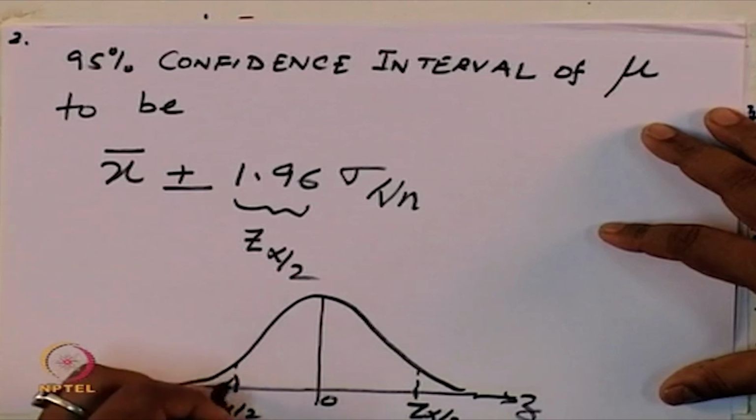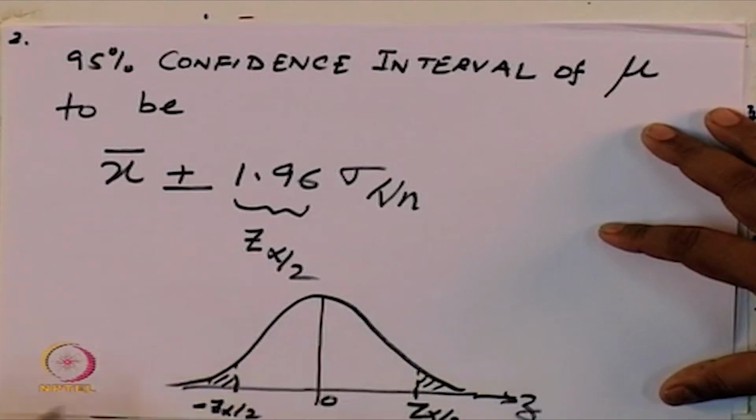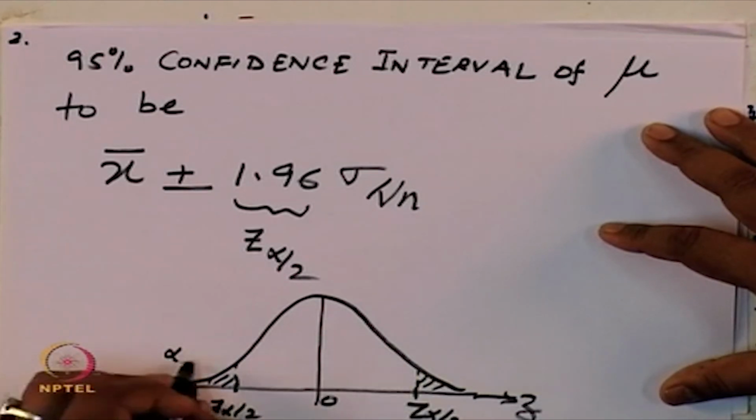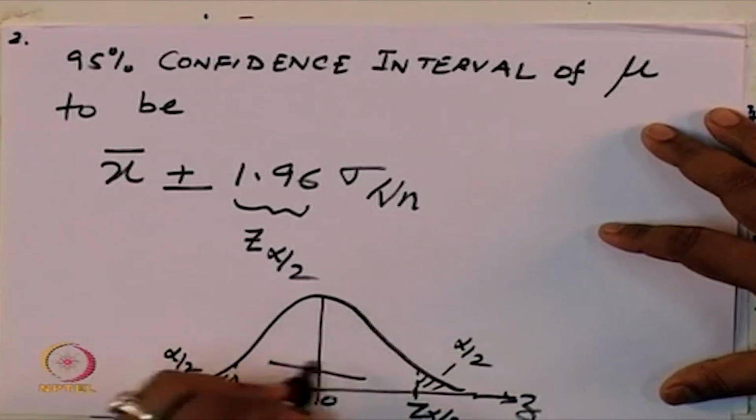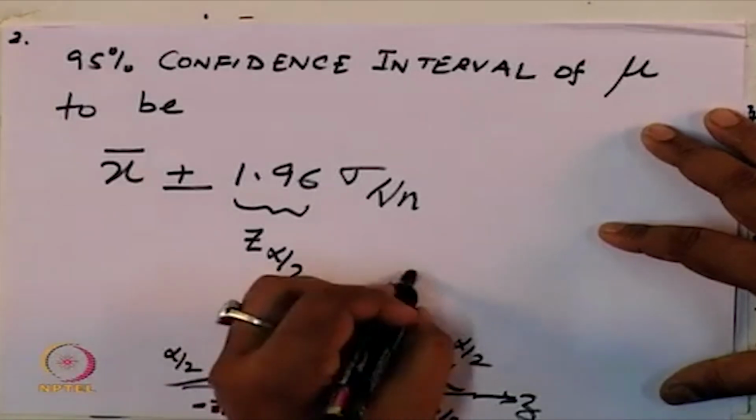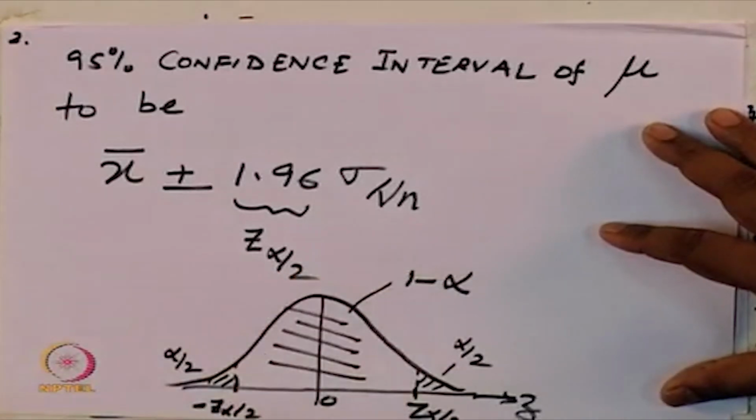If you integrate these two tail areas, you get a value of alpha. So, this area is alpha by 2, and this area is alpha by 2. The probability under the curve between them will give you 1 minus alpha. We can prescribe the value of the confidence level and get the corresponding value of z of alpha by 2.